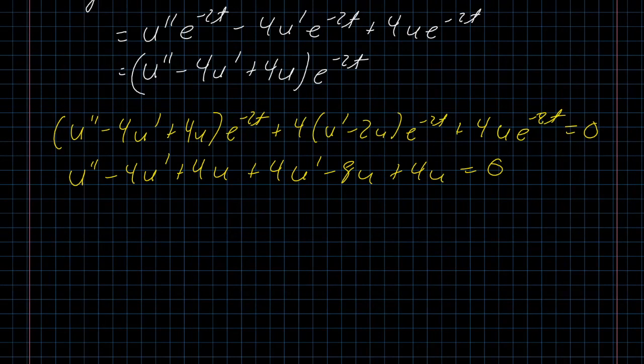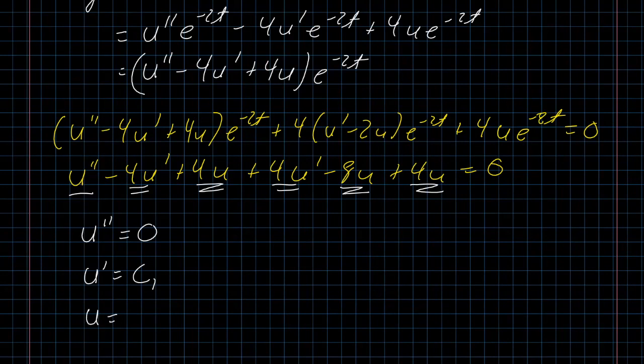Combine some like terms. I've got u''. I've got -4u' and +4u', which go away. I've got 4u - 8u and another 4u, which all goes away. u'' = 0. I can solve this differential equation by directly integrating. u' is going to be some constant, I'll call it C1.